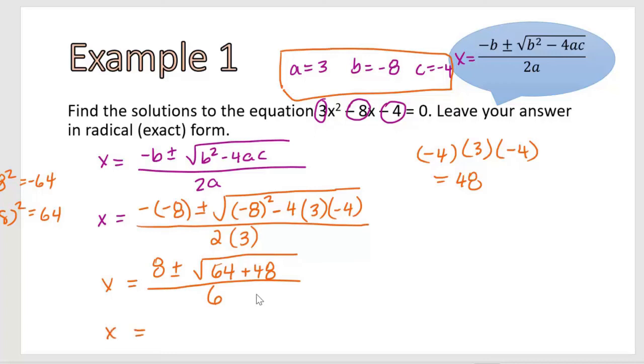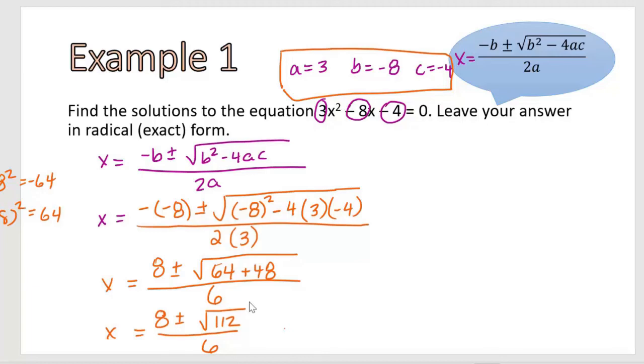Order of operations tells me we have to simplify inside the brackets first. So we have 8 plus or minus the square root of 64 plus 48, which is 112, all divided by 6. Now, I could reach for my calculator at this point, but this particular question asks us to leave the answer in radical or exact form, which means that we might be done.